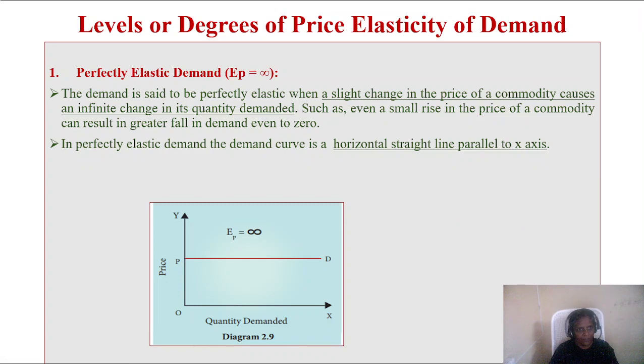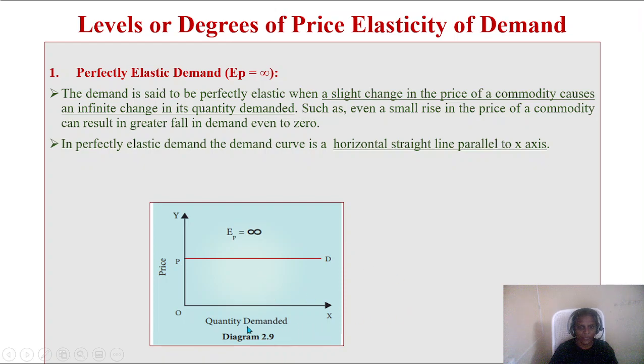Perfectly elastic means that a slight change in the price of a commodity leads to an infinite change in the quantity demanded. We call this perfectly elastic demand a horizontal straight line parallel to the x-axis.